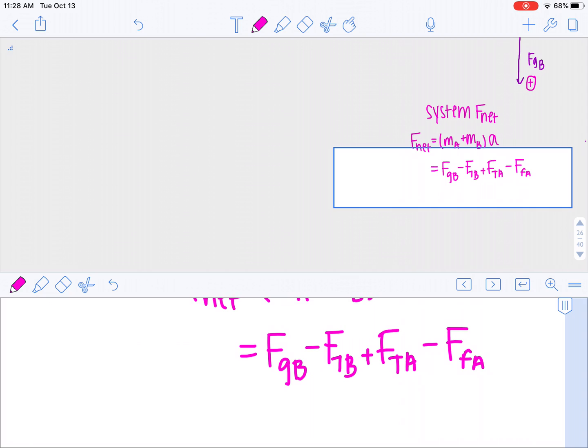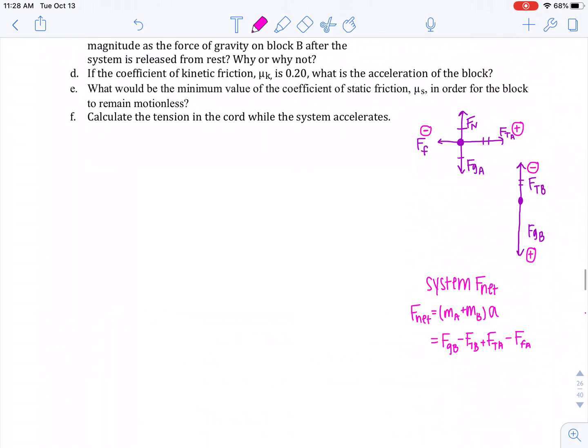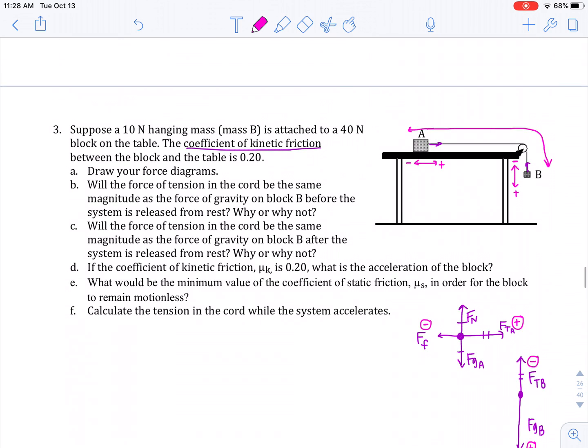Just to review how I got that: I'm looking at the forces that are causing the acceleration. It's kind of weird because I'm adding forces that are horizontal to forces that are vertical. But for object A, the horizontal forces are the forces along that axis of acceleration, and the forces on object B that are causing that acceleration are vertical.